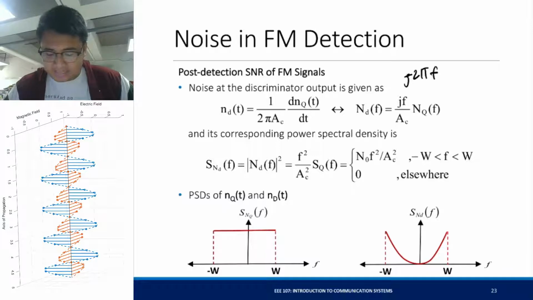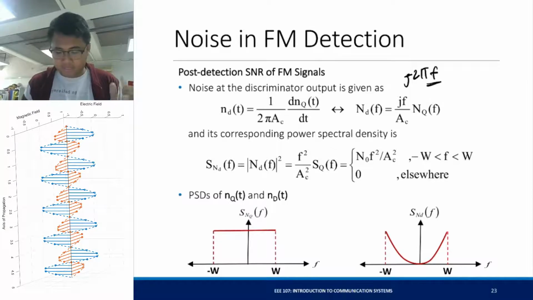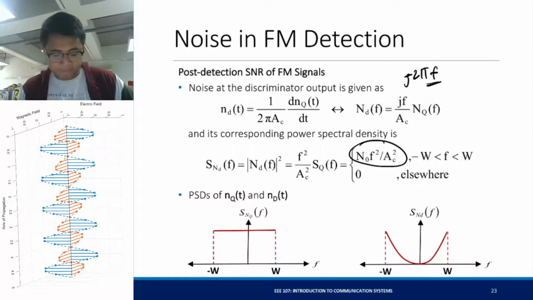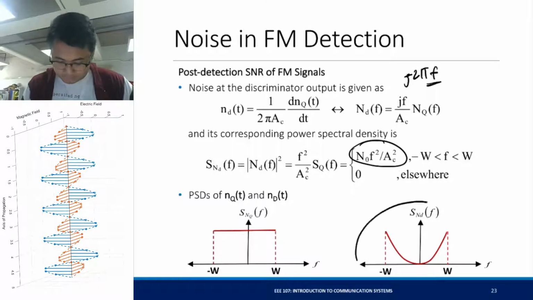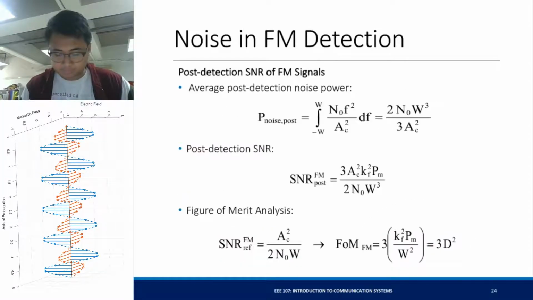It means that for the frequency spectrum of noise, the power of noise increases as you move away from the origin. Therefore, the larger your bandwidth, the larger the effect of the noise. So the corresponding spectral density looks like this. It's actually quadratic. So the power spectral density will now be equal to this after discrimination.